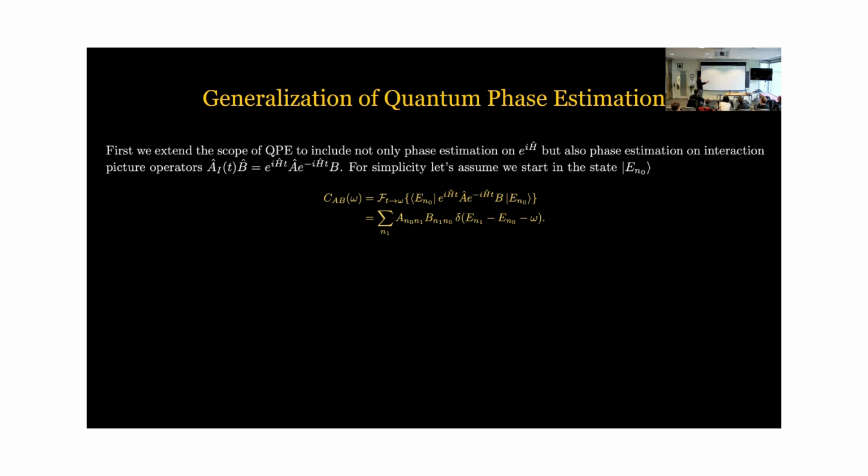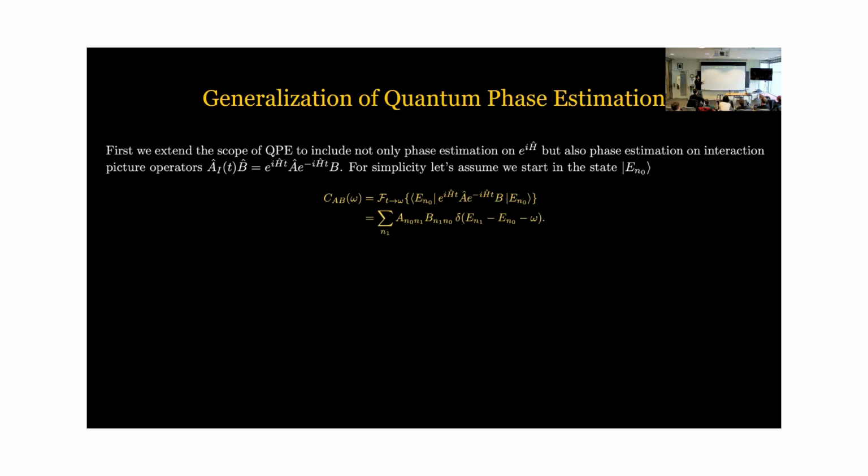Now let's extend that and do phase estimation on interaction picture operators of this form: the observable A at time t times B. If you put that operator in between the state you're starting with, for simplicity let's assume it's an eigenstate. Otherwise you would have the norm of the amplitude squared with respect to n. But let's assume you're in a perfect eigenstate. This is what you would get. This is the quantity.